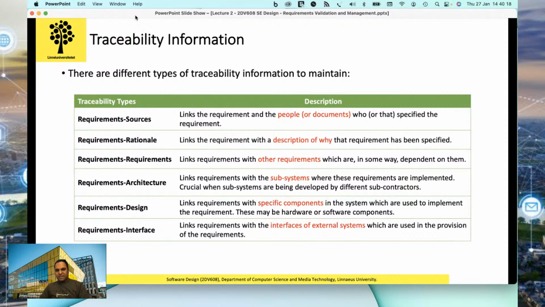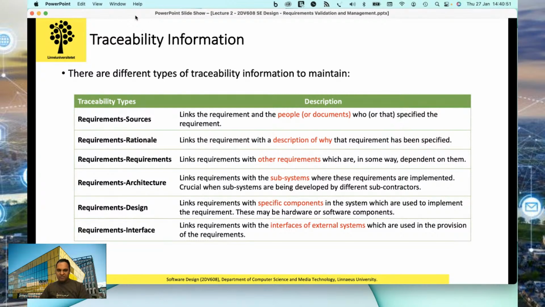So what types of traceability information do we want to maintain? There are possibilities. One is requirements to source. So who proposed this requirement? Then traceability between requirements and rationale. So why was this requirement proposed by that source. Then requirements versus requirements, so if there is any other dependency among requirements.